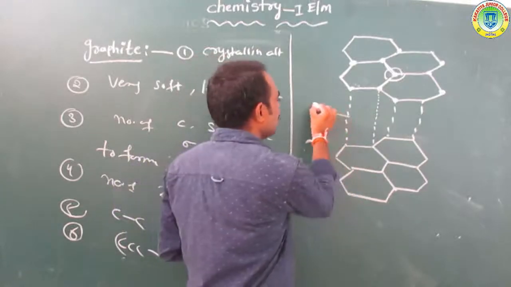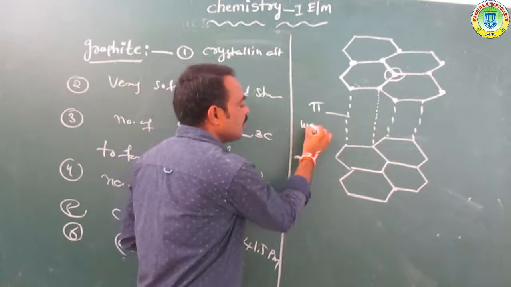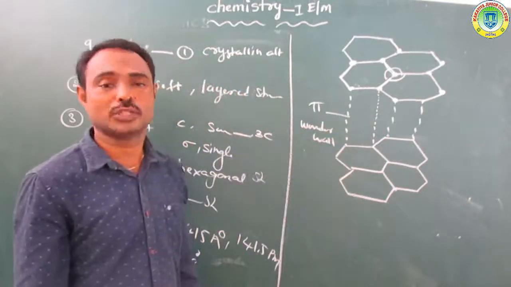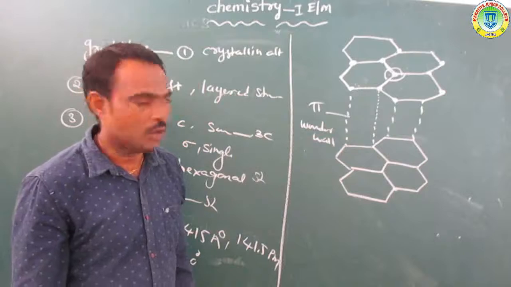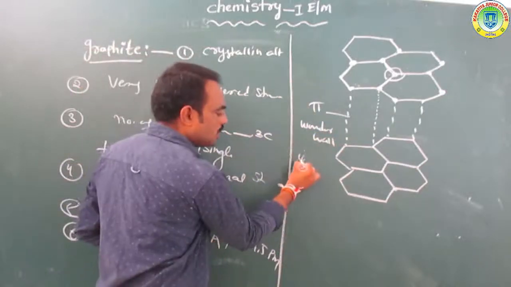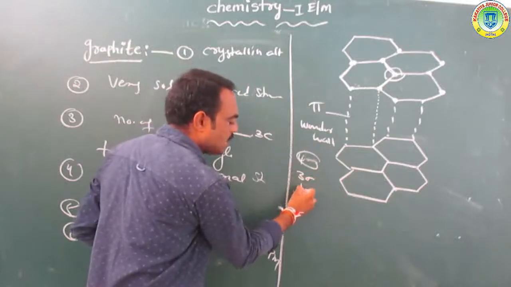That weak bond, pi bond, is called a weak van der Waals force. Okay, so overall total 4 bonds. In these 4 bonds, 3 sigma bonds and 1 pi bond.